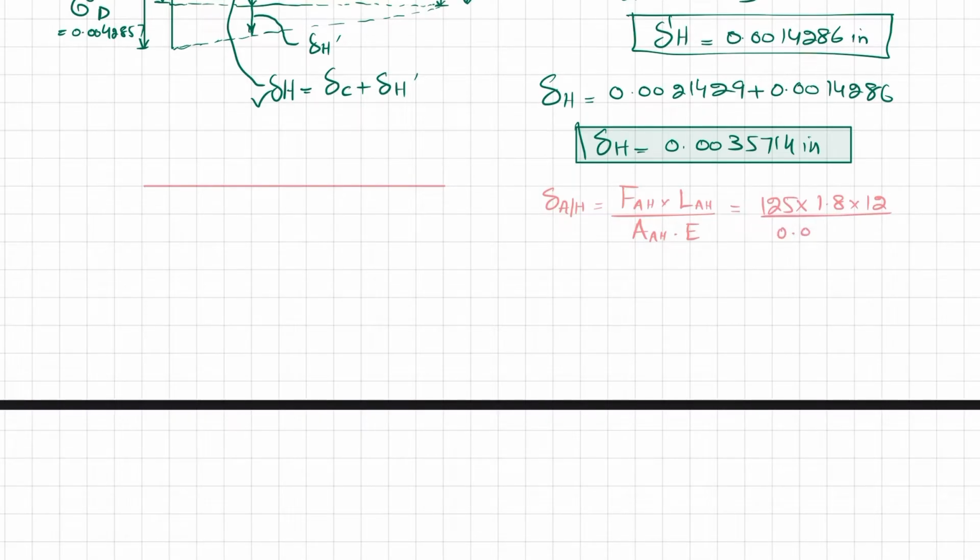Area is 0.025 into E, which is 28 into 10 raised to power 6. So the displacement of point A with respect to H will be equal to 0.0038571 inch.